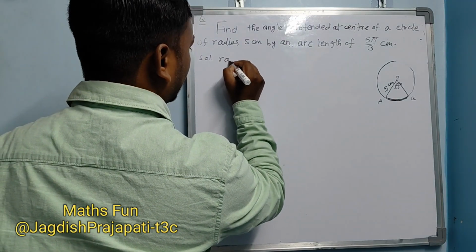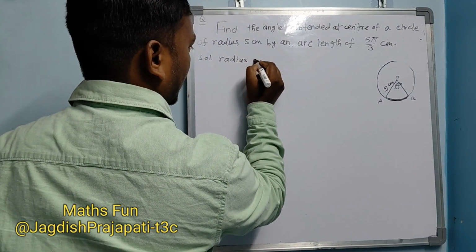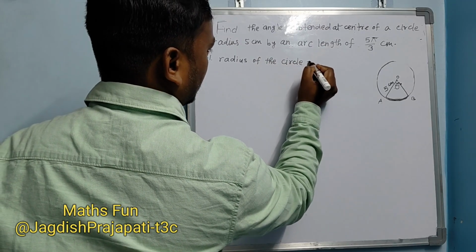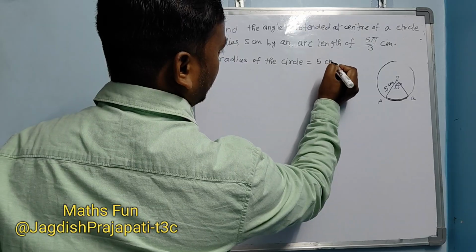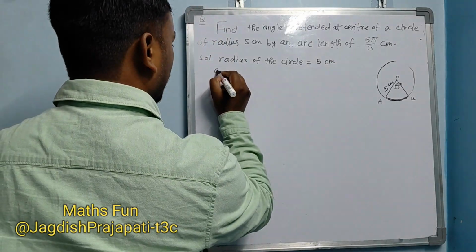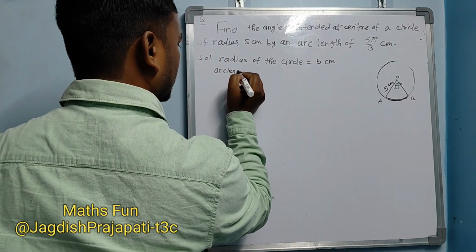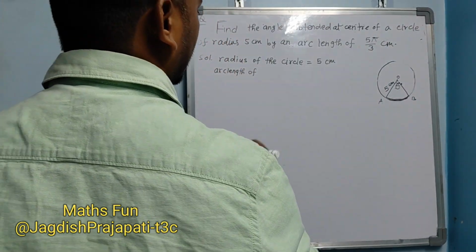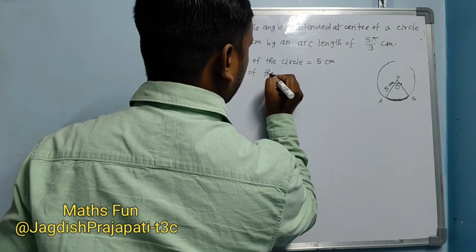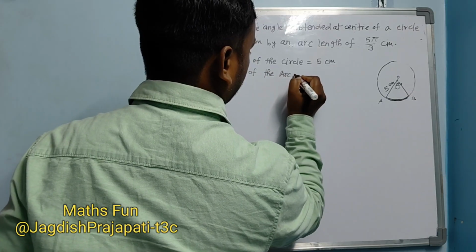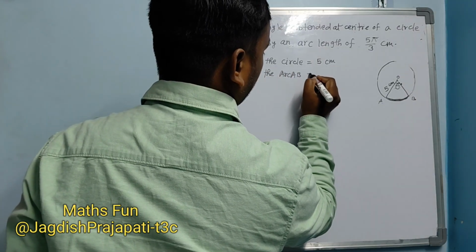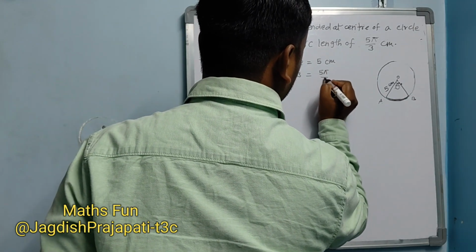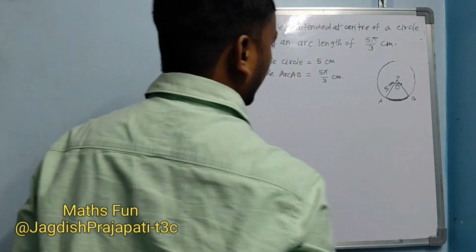Radius of the circle is 5 centimeters. Arc length of the arc AB, this is also given, which is 5 pi by 3 centimeters.